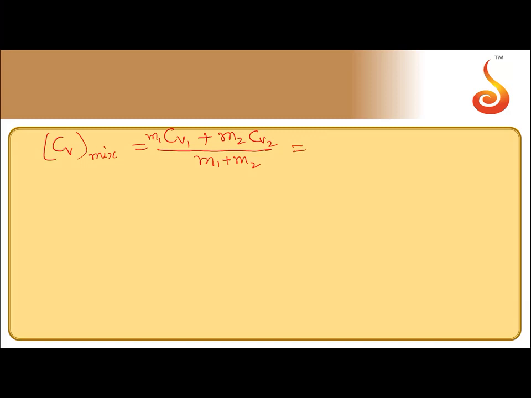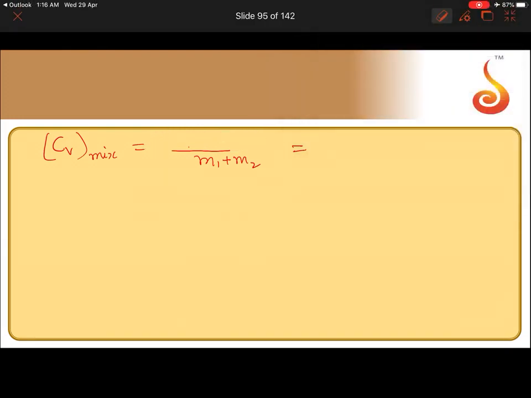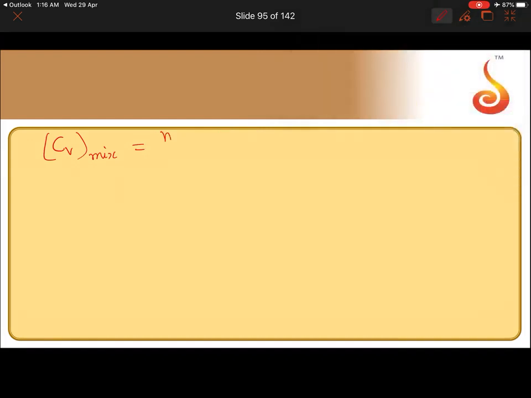Better to take it in moles only, that will be more convenient in this problem. So n1 Cv1 plus n2 Cv2 divided by n1 plus n2.